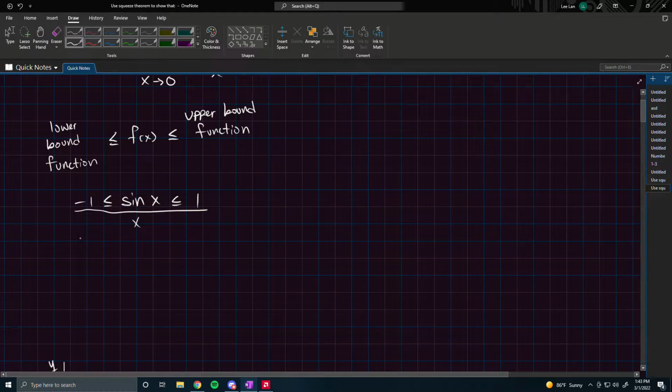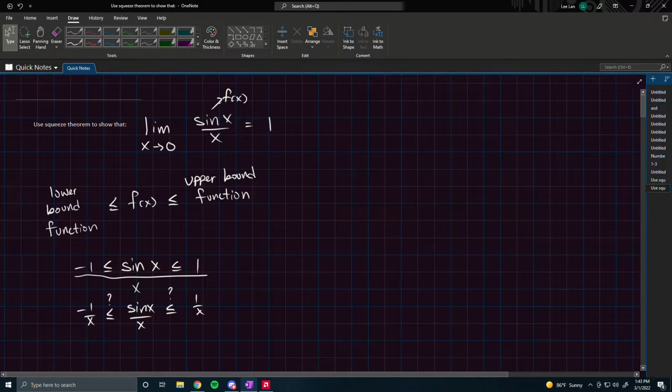When we do that, we get -1 over x is less than or equal to sine x over x is less than or equal to 1 over x. So we're not exactly sure if this is true anymore, because we don't know if x is positive or negative. And if it happens to be negative, then this wouldn't be true anymore because these inequality symbols get flipped. So we have to look at a different way of doing this.